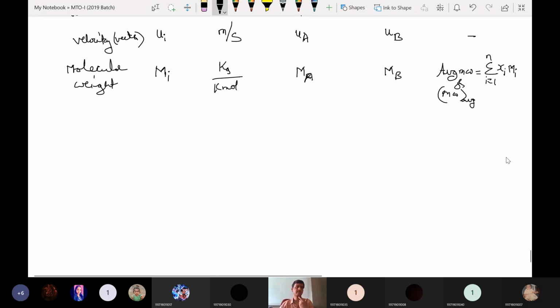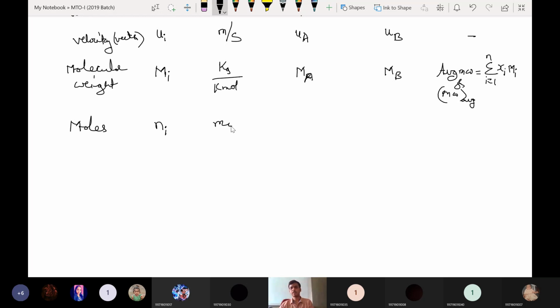Then the next quantity we can write is moles. Since moles comes under the basic quantities, not a derived unit, moles will have units of mole only, but the notation we will use is small n subscript small i.